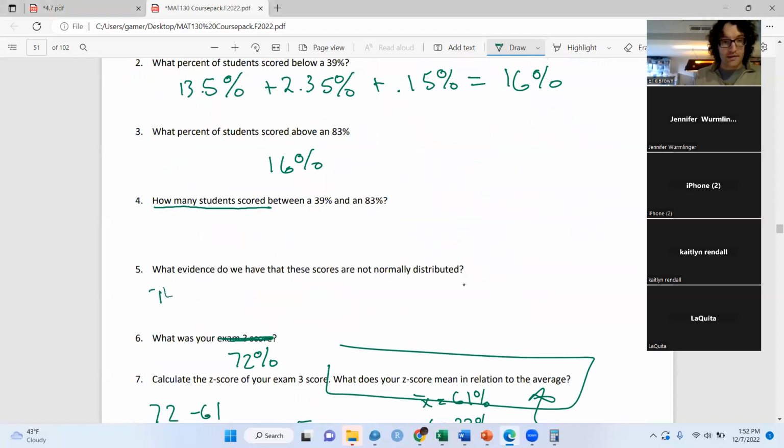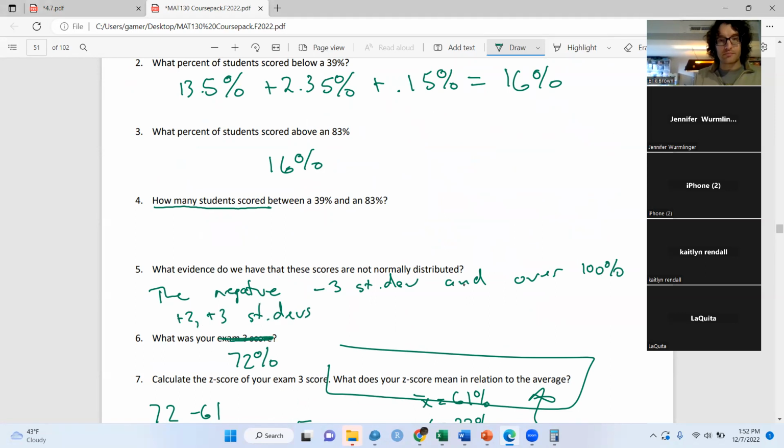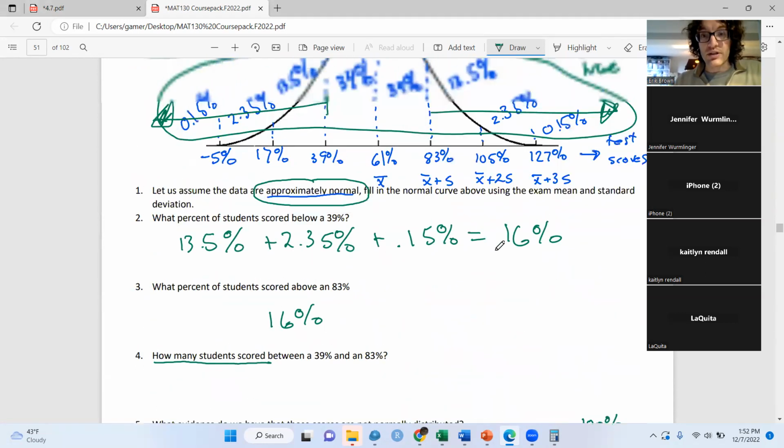So the negative -3 standard deviation and over 100%, +2 and +3 standard deviations, suggest it's not normal because those values aren't possible, right?